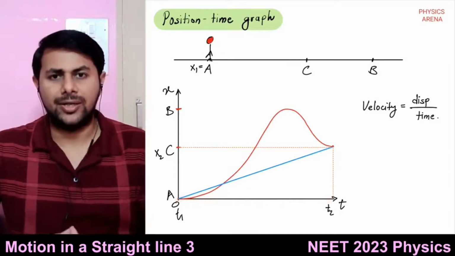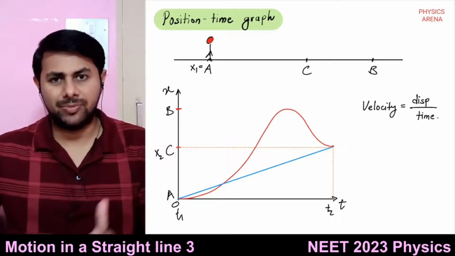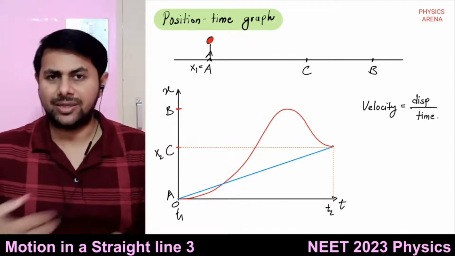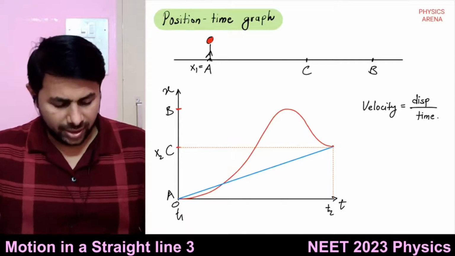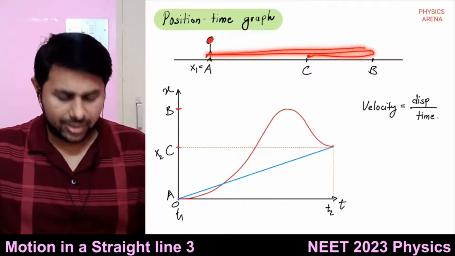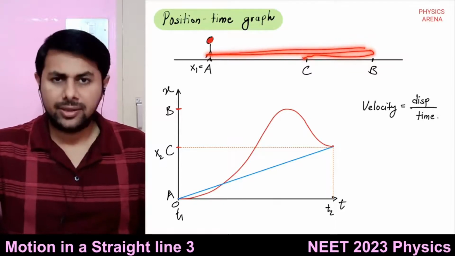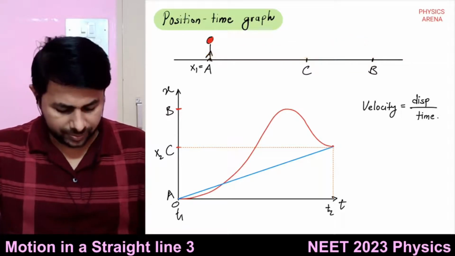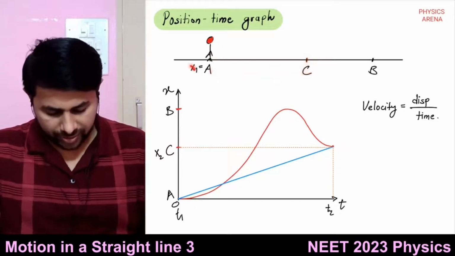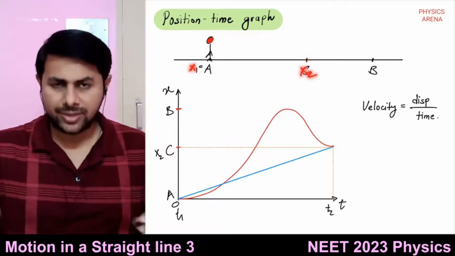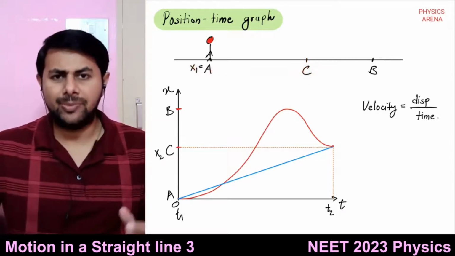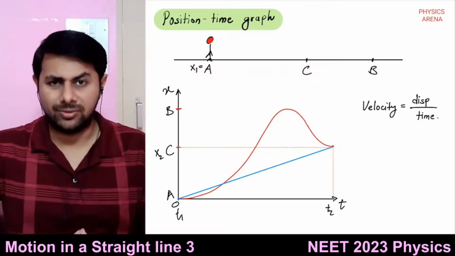So how do I find the velocity in this part of the motion? It will be the displacement divided by time, right? If I go from point A to point C, then the displacement will be the distance between A and C. If this is x1 and this is x2, then it is x2 minus x1, and the time difference, let's suppose, is t2 minus t1.